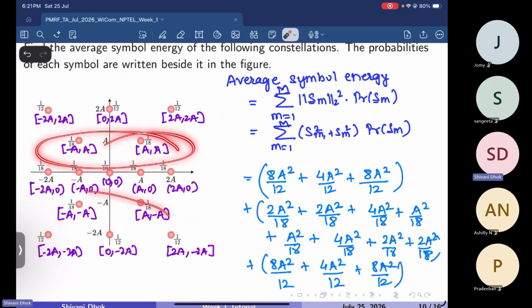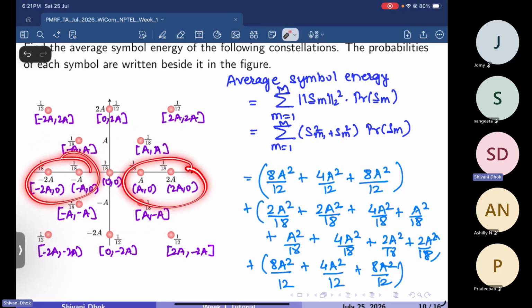Similarly, these and these have similar energies. Then you can group these two and these two, which also have similar energy. So maybe you can try to identify such things and reduce your compute. That can be done, but I didn't do it right now because I wanted to keep things very simple. I hope that answers your question. Yeah, got it.